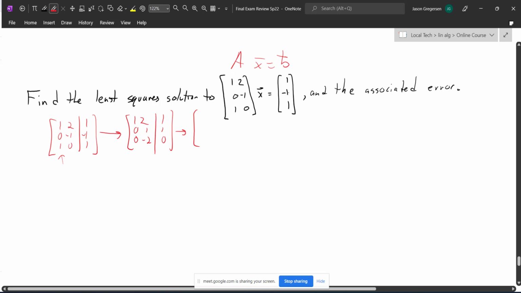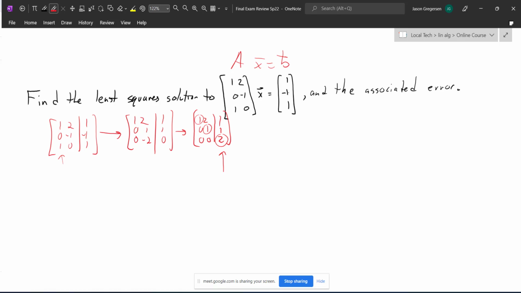And then I would do 1, 2, augment it with 1, 0, 1, 1. I would do row 3 plus 2 times row 2, and I would get this. And so this would be my matrix in REF form. From there, I'd identify the pivots, and I see that there's a pivot in the far right column. Once I see that, it tells me there are no solutions to this equation.